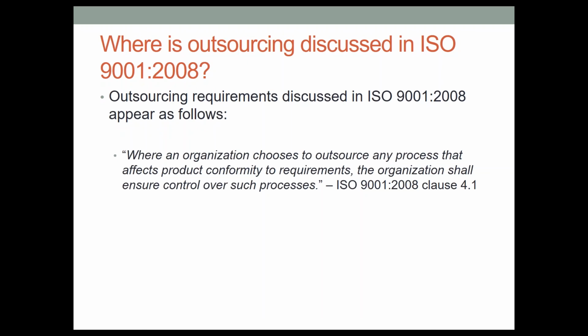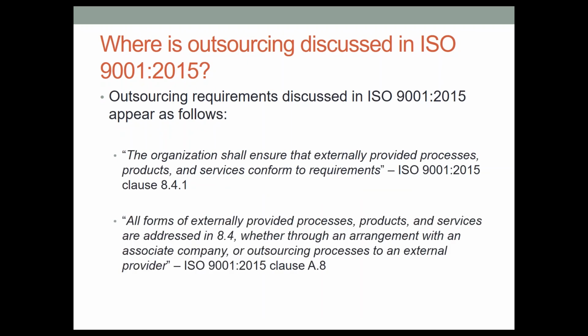Now, how about the 2015 standard? It appears in two places in 2015. In the standard itself, in section 8, it states that the organization shall ensure that externally provided processes, products, and services conform to requirements. That's part of section 8.4.